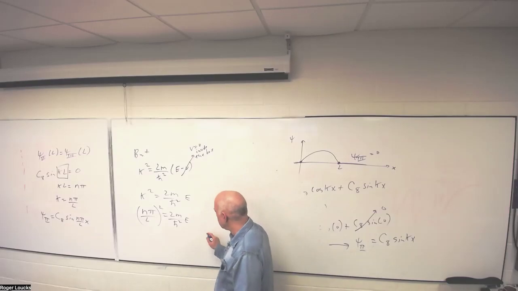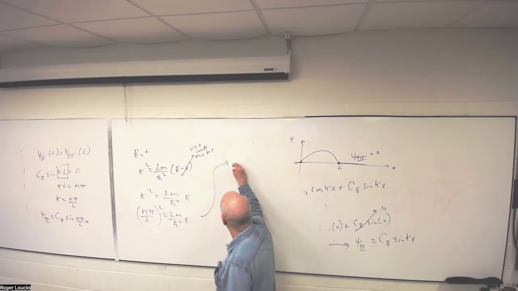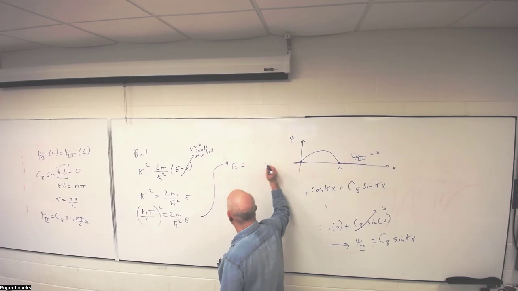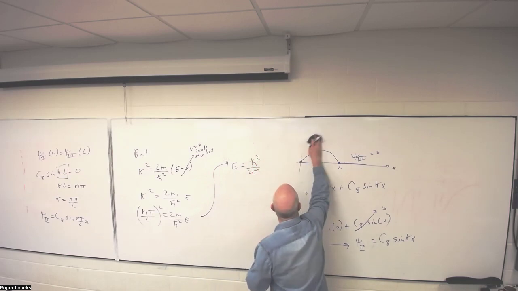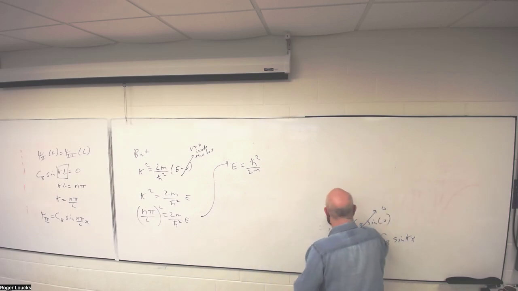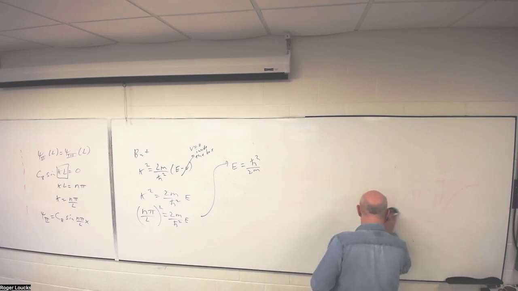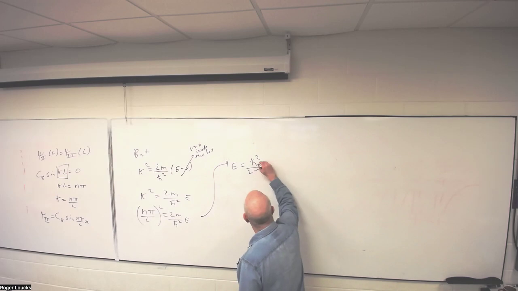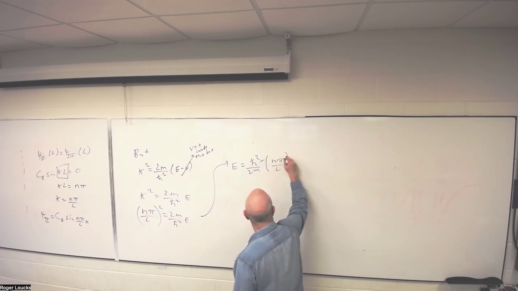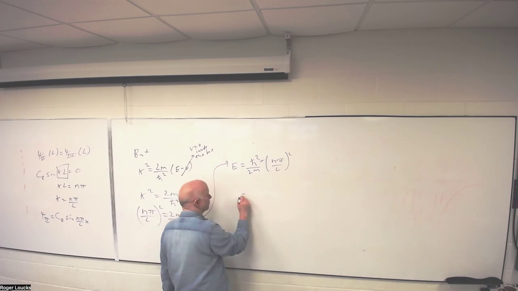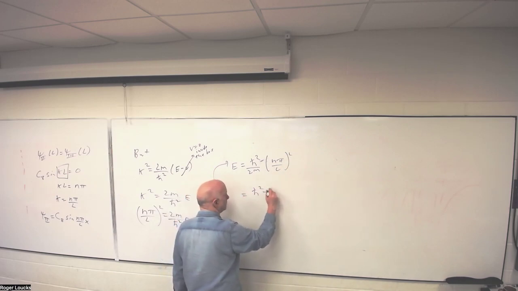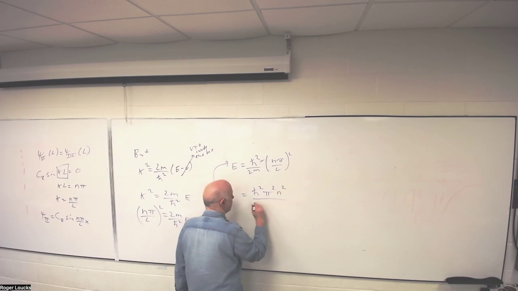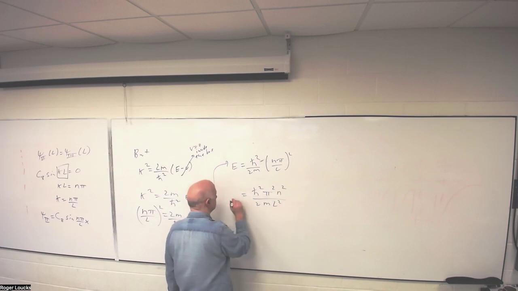I solve this for E. This gives me h bar squared over 2m times n pi over L, squared. It's never written like that. It's always written as h bar squared pi squared n squared over 2m L squared.